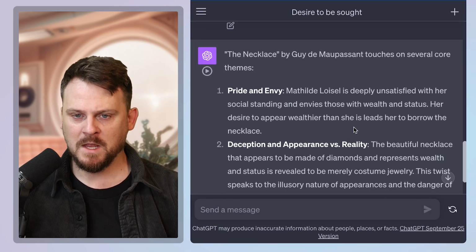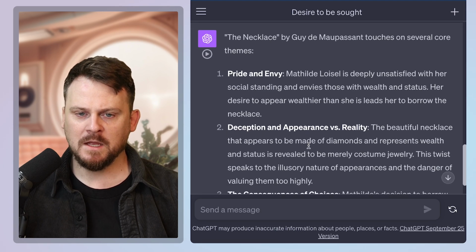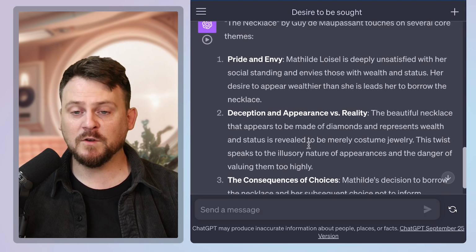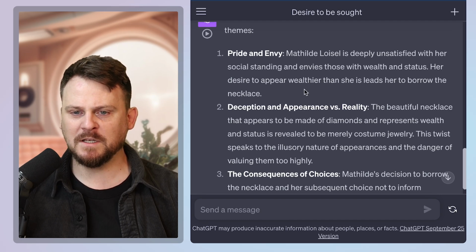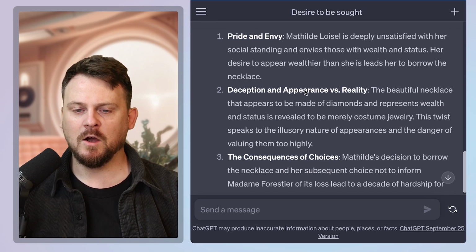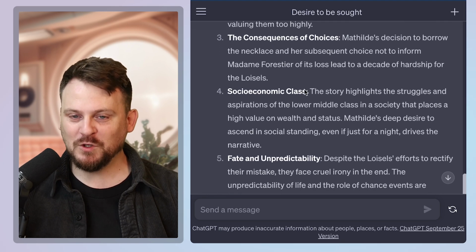Pride and envy. Mathilde is deeply unsatisfied with her social standing. Deception and appearance versus reality. The beautiful necklace that appears to be made of diamonds and represents wealth and status. Okay, spoilers, okay. The consequences of choices.